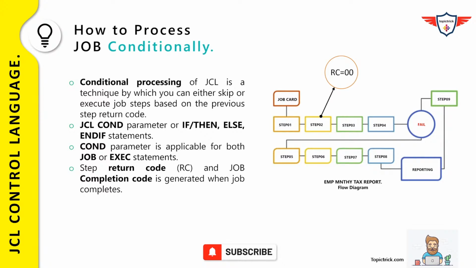Similarly, a job completion code is generated when a job is completed. If the job ends normally, the completion code is 0, and if the job fails due to some reason, then the completion code consists of a 3-digit code with a prefix of S. In this case, it can also be called an abend code.